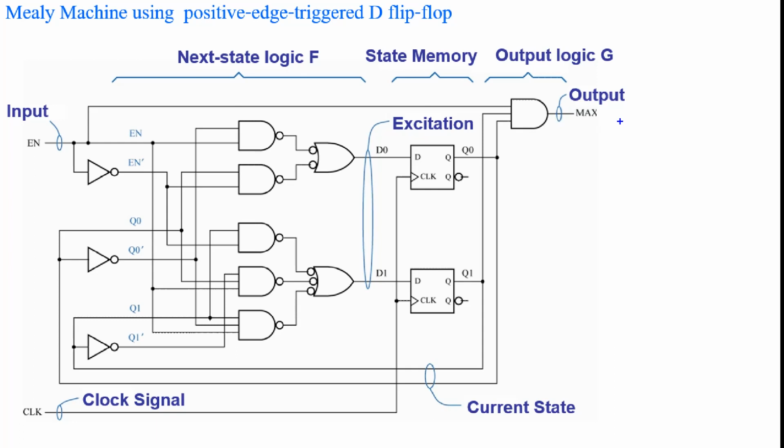Okay, let's consider output Max first. Max is a function of Q1, Q0, and input EN, the enable. Because the output is based on the external input, this circuit is a Mealy type state machine.